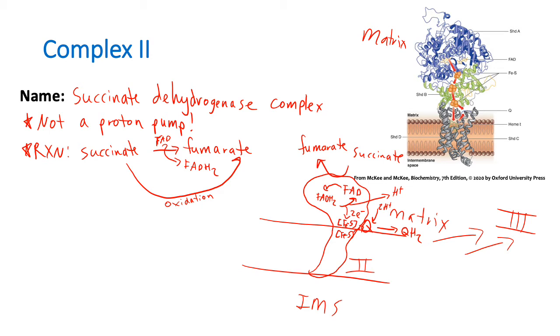The final acceptor of these electrons would be Q, ubiquinone, aka coenzyme Q or UQ, and then whenever those 2 electrons bind to UQ along with 2 protons, it becomes the reduced form of Q called QH2, which then is mobilized to complex 3, where it's going to dish off its electrons to continue the electron transport chain. And recall that this Q does not ever go to complex 1.